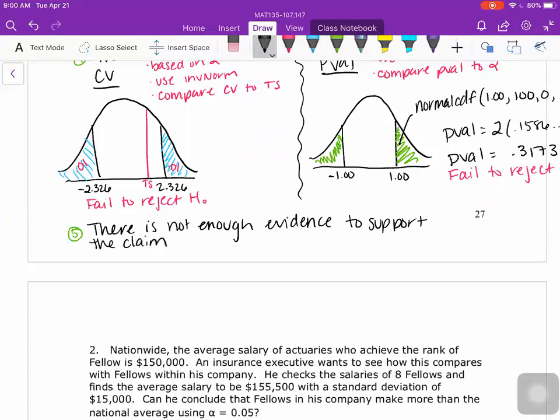And the claim was that the percentage of female tennis fans has changed.